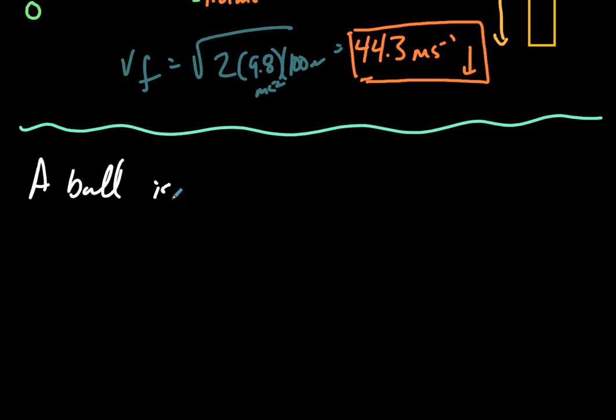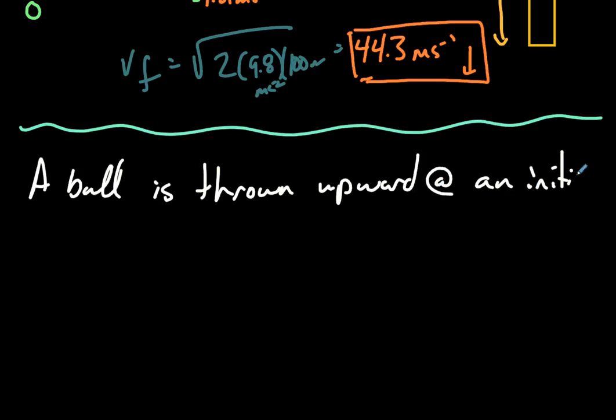A ball is thrown upward at an initial velocity of, I don't know, 25 meters per second.